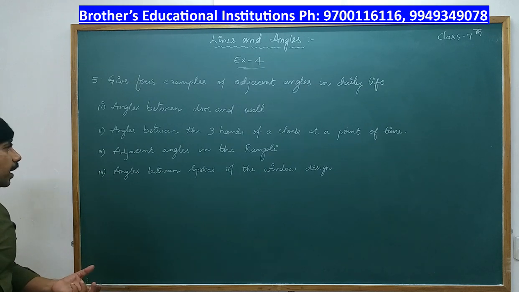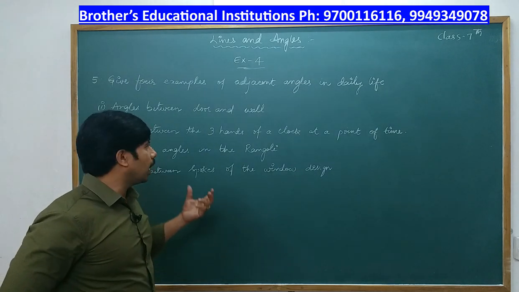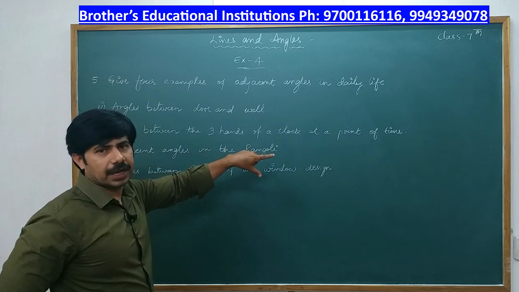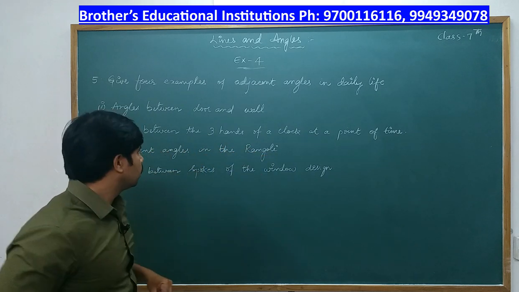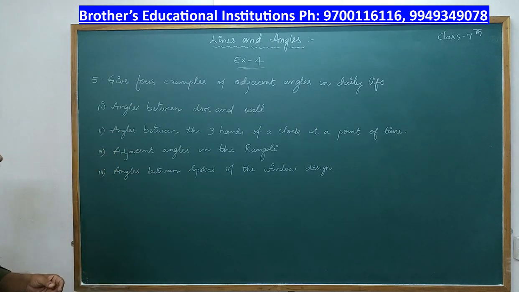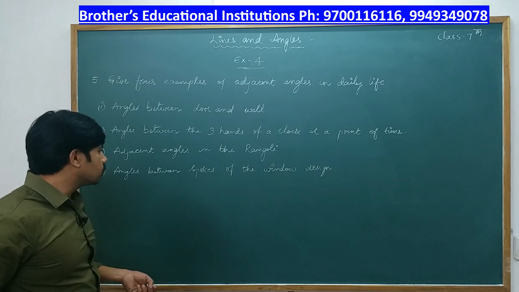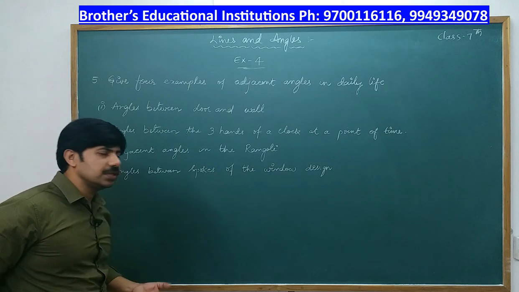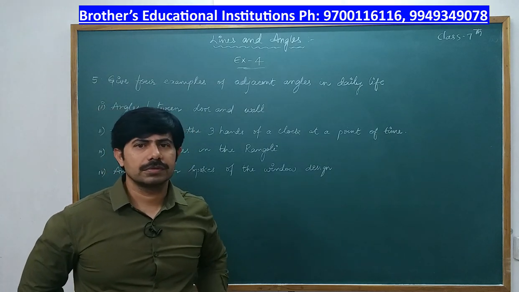When we see a time, we have three hands of a clock, and the angles between them are also adjacent angles, because all three have a common vertex O. Then adjacent angles in Rangoli designs. Then the angle between the spokes of a window design. Okay, this is completed.